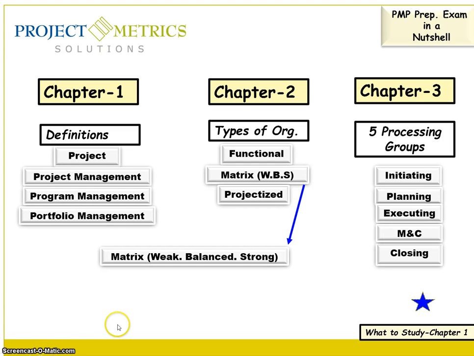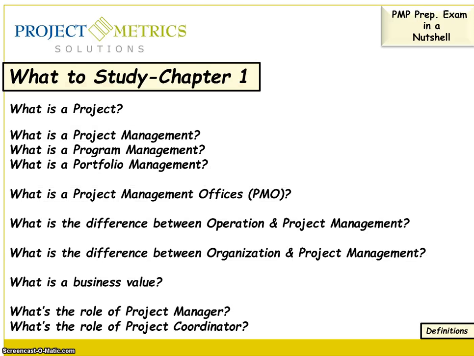Then chapter three gives you the methodology according to the PMI, the process groups. I'm not going to walk you through them one by one in detail, but I'm giving you a tourist guide, pointing out what you are going to study.